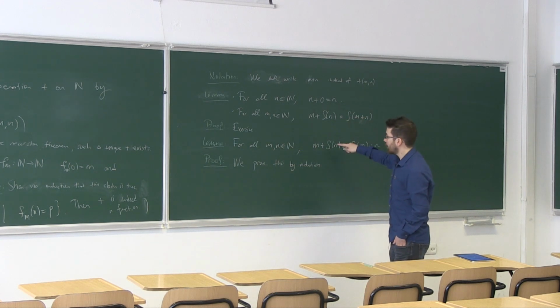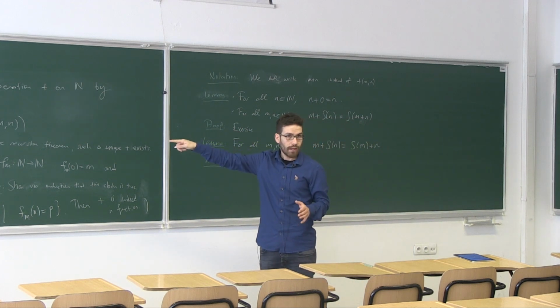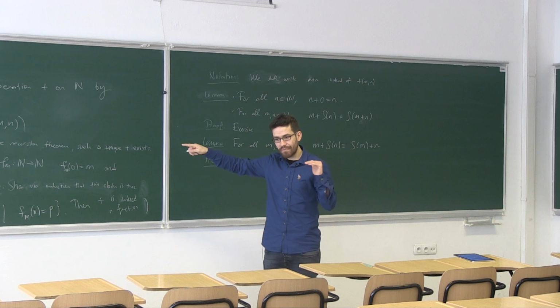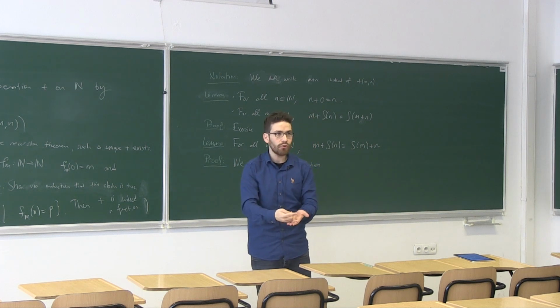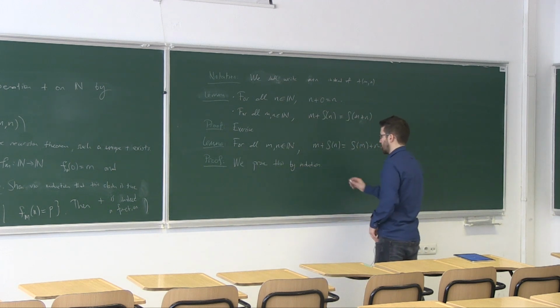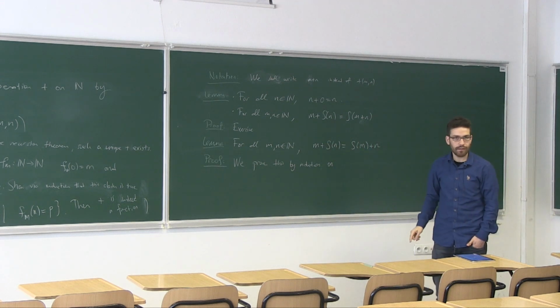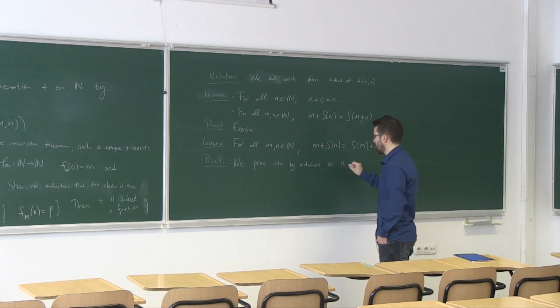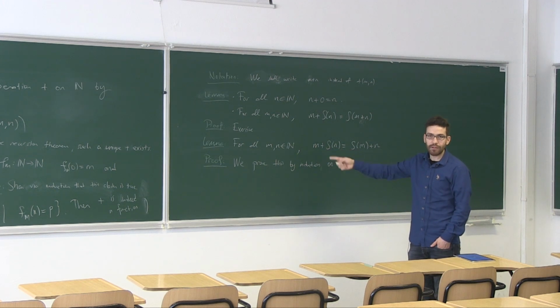So we define addition by recursion, and that automatically forces us to prove things about addition via induction, okay? In general, if you define something via recursion, then you prove things about that thing via induction. So we're going to prove this by induction. Now, there are two variables here, m and n. So on which variable am I going to do induction? I'm going to do induction on n.